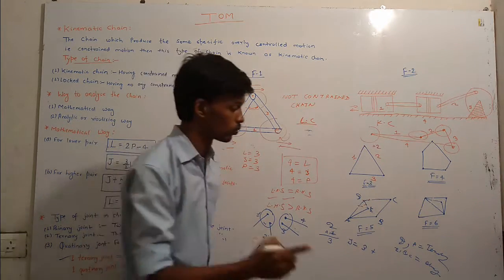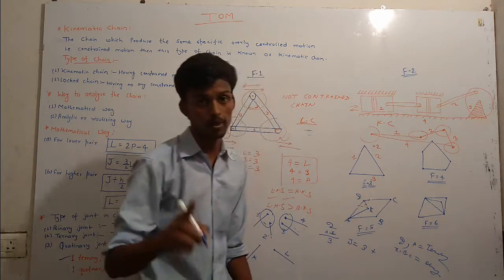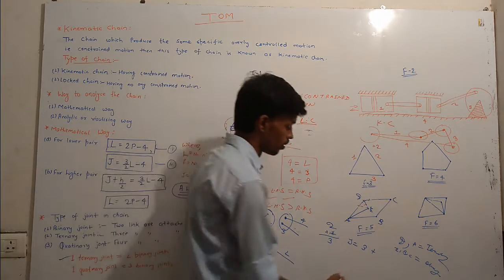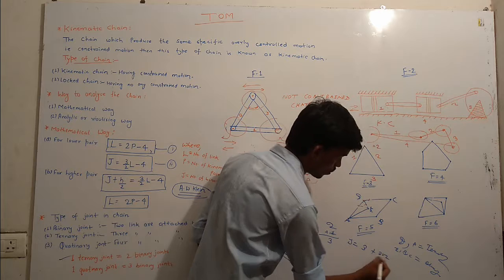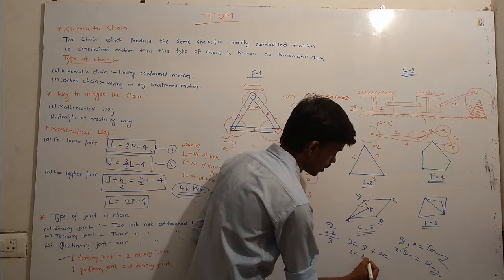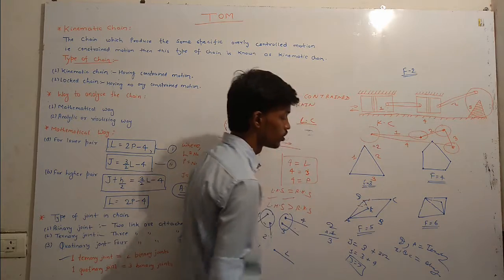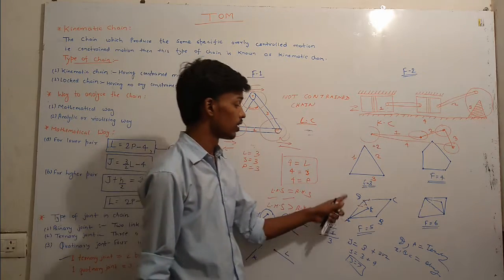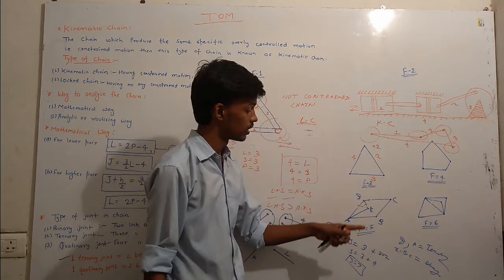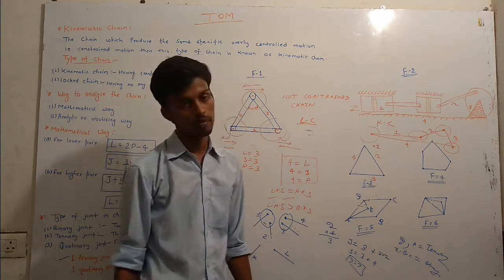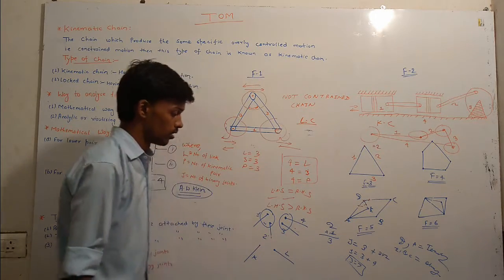So 2 ternary joints are replaced by 2 into 2. So there are 3 plus 4, that is 7 binary joints available in this arrangement. That is, in figure number 5, there are 7 binary joints.